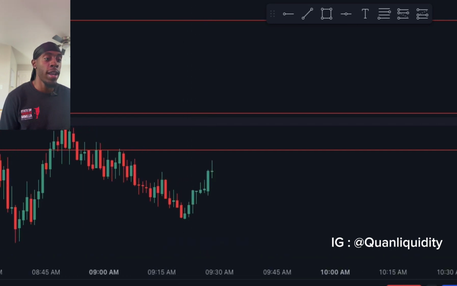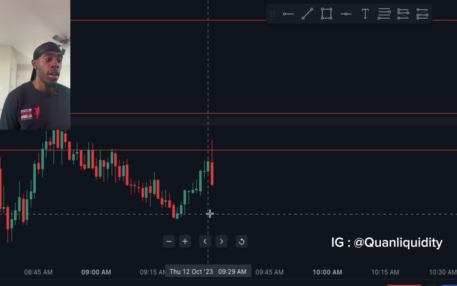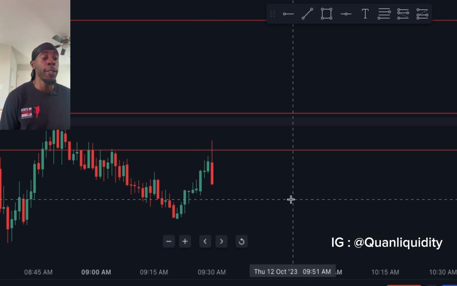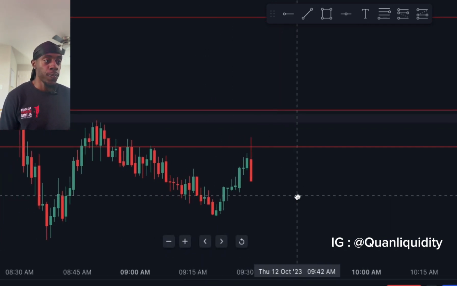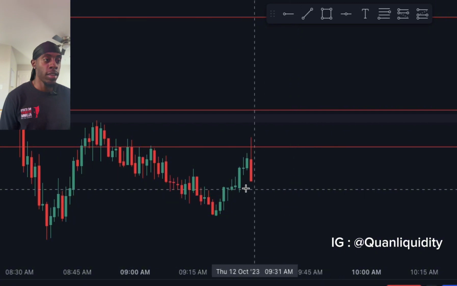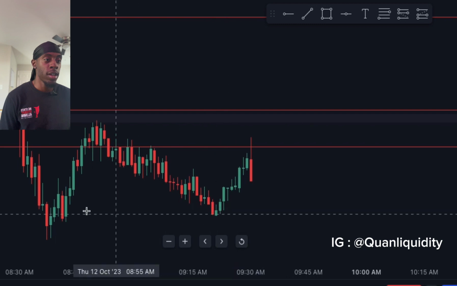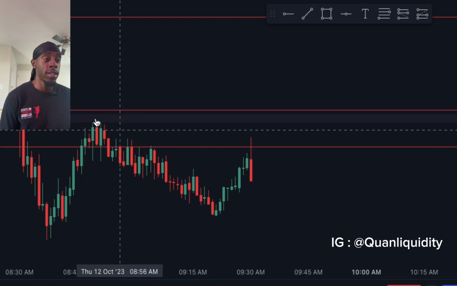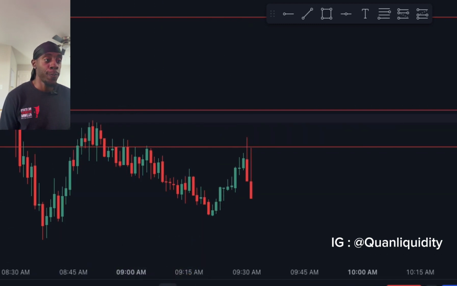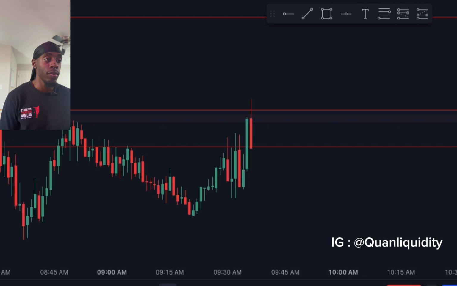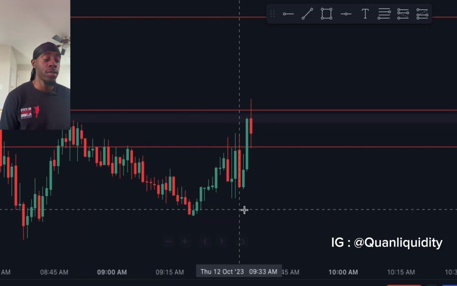So we're right at the 9:30 open here. Okay, so this is what the 9:30 open looks like. When we come into 9:30, let's just say this candle was deleted. We have sell side here and we have buy side here. As you can see, we take out the buy side first.